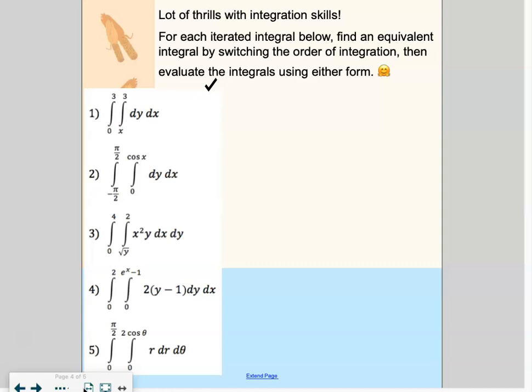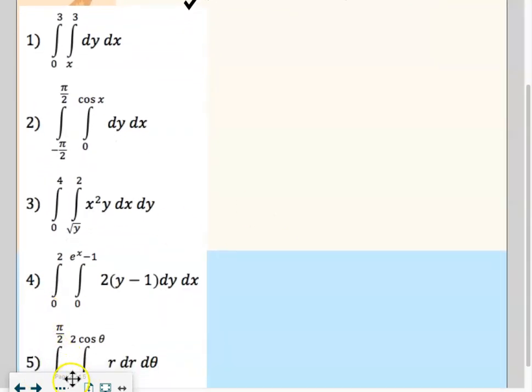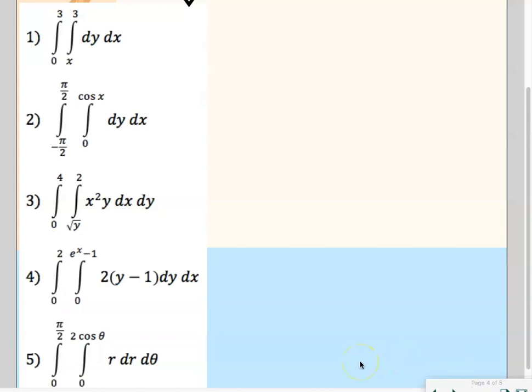How about this? All right, I'll make a deal. You guys do 1 and 2 independently on paper, and then 3, 4, and 5 on your whiteboards. I'm going to make this a little bit bigger so you can see it better.